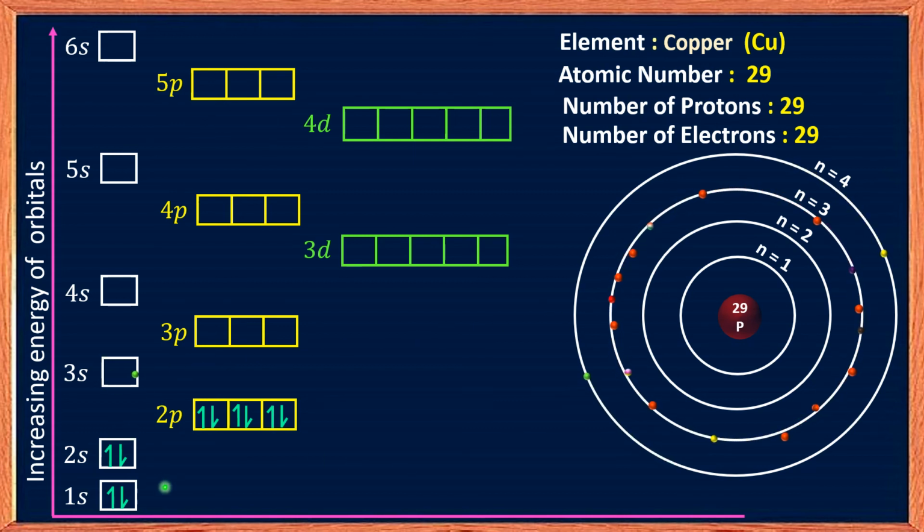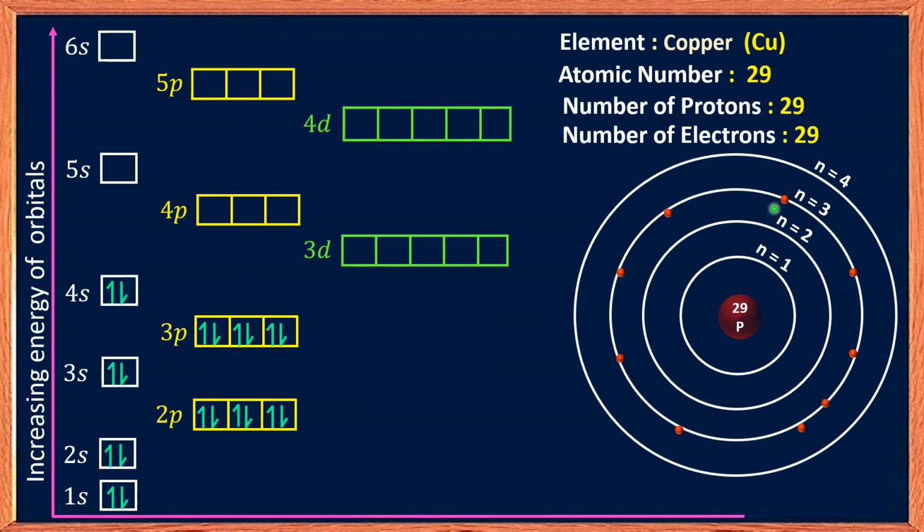Next 3s. 11th electron. 12th electron. 13th one. 14th electron. 15th electron. 16th electron. 17th electron. 18th electron. 19th electron enters into 4s. 20th electron. So totally 20 electrons have been filled so far.